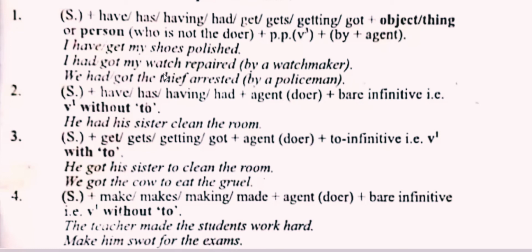So number 2, you see here, subject plus have, has, having, had. In the first structure, subject plus have, has, having, had, plus, but what is different? Agent. That person is here the agent. The person is agent, and agent is what?